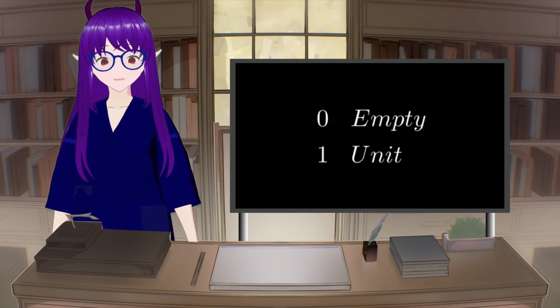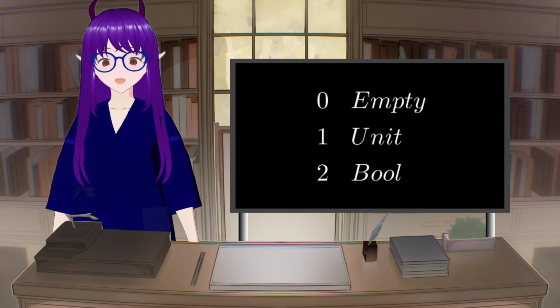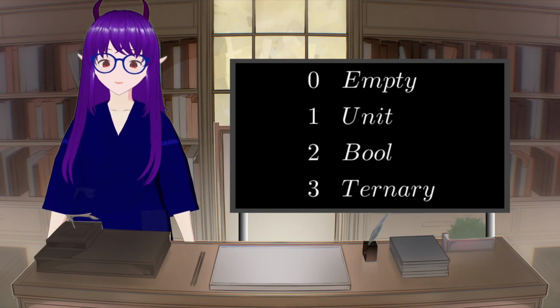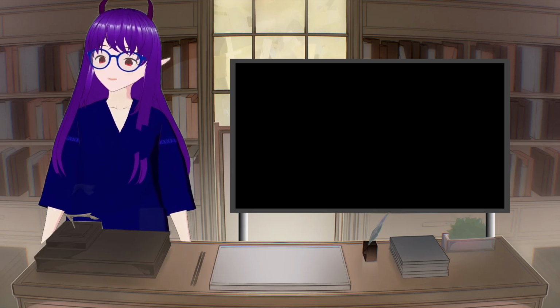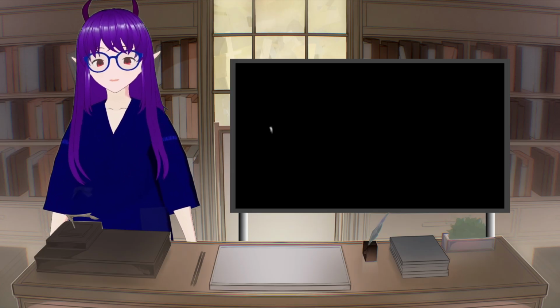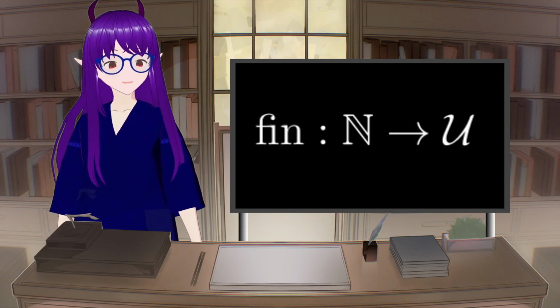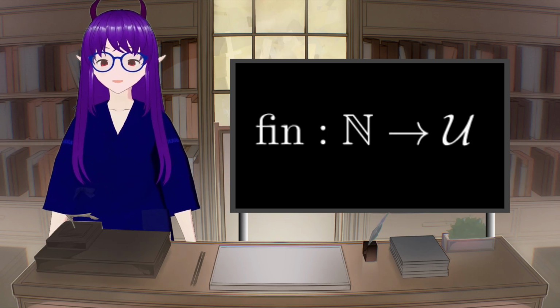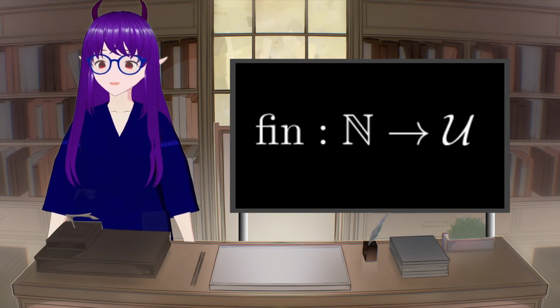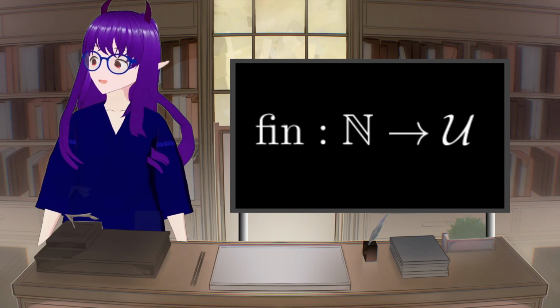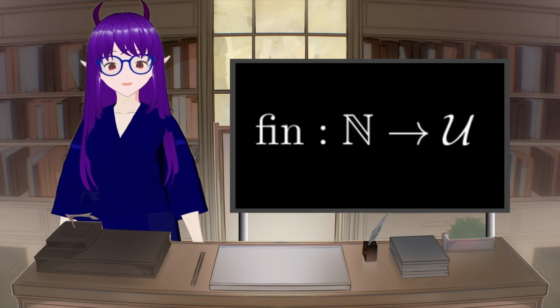We have one of these finite types for every counting or natural number, and we can express this relationship as this function. Now, this function spits out the appropriately sized types for whatever counting number you apply to it. And yes, the natural numbers are going to be defined later on in this video.